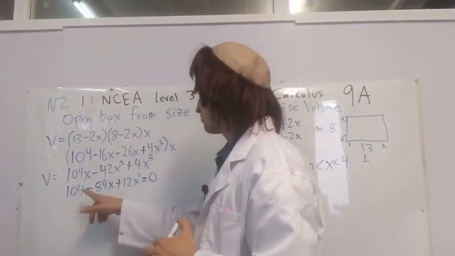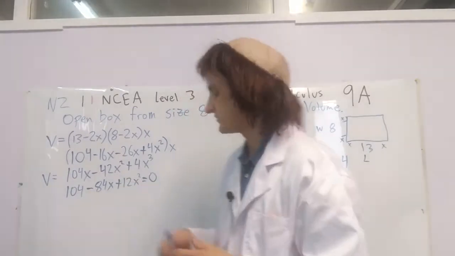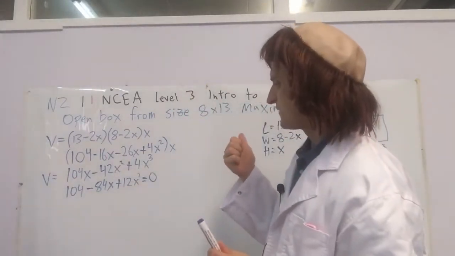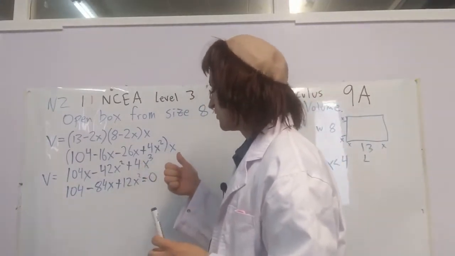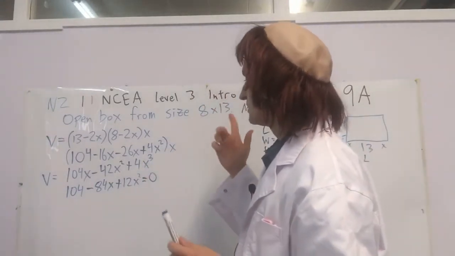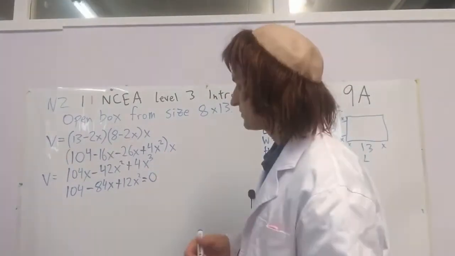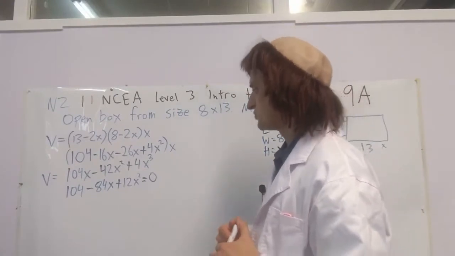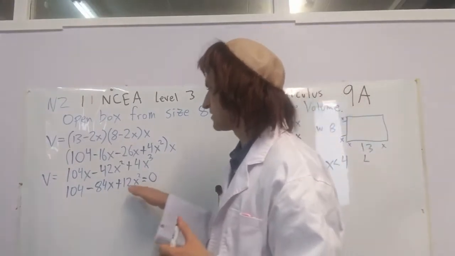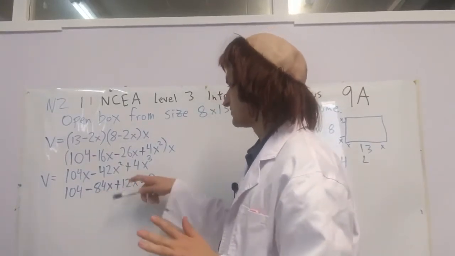Now there's quite a few different ways to work this out. You can either try factoring, I'm not sure if that would work, or you could complete the square, or try the quadratic formula. I'll go straight for the quadratic formula. I know there are common factors here, but I'm not going to reduce it.